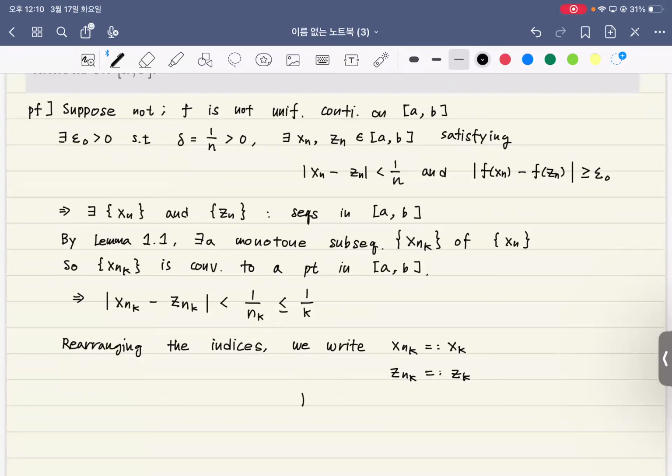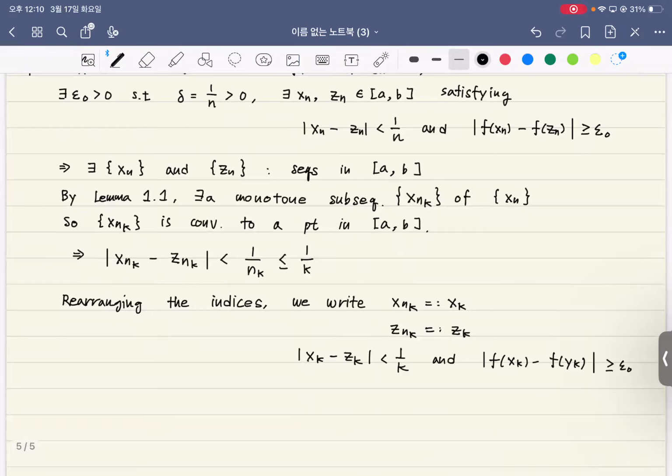And xk minus zk is less than 1 over k. And because of the construction of the sequences, this is still greater than or equal to epsilon 0. Okay, so we just ended up with two subsequences from the original sequence.